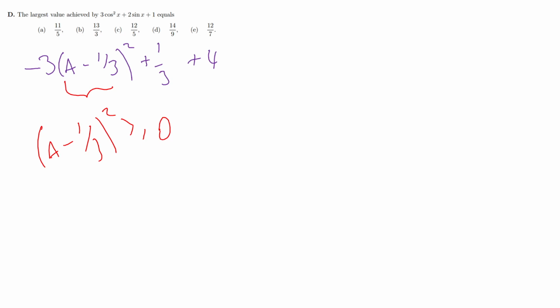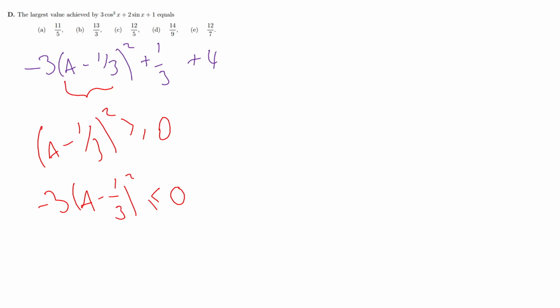If we now multiply both sides by minus 3, when you multiply an inequality by a minus sign, the inequality flips. So minus 3 times a minus 1/3 squared is now less than or equal to 0. Whatever is on this left-hand side, it will never be bigger than 0. It can equal 0, but it cannot be bigger than 0.